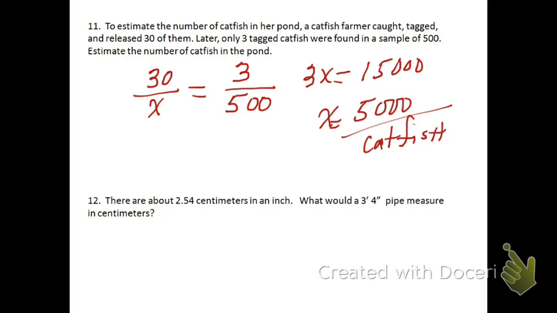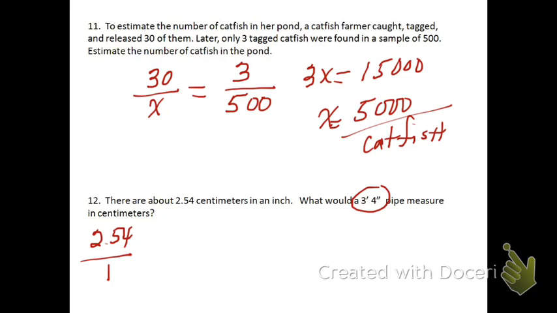And number 12, there are about 2.54 centimeters in an inch. What would a 3-foot, 4-inch pipe measure? Okay, so our ratio is 2.54 centimeters for every 1 inch. We got to be careful here. This measurement is in feet and inches. So I know that there are 12 inches in every foot.